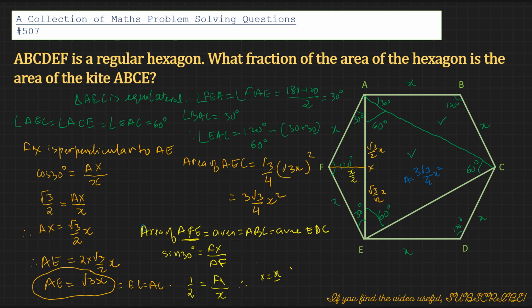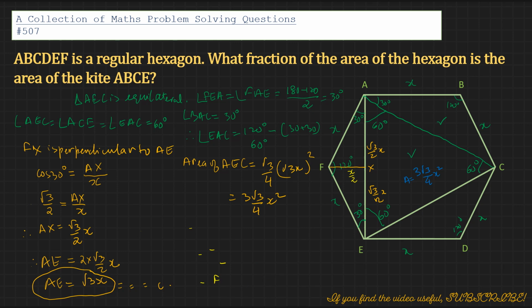Therefore we get the area of AFE equals half times base times height. The base is 2 times √3 out of 2 x, and multiplied by the height, which is x out of 2.